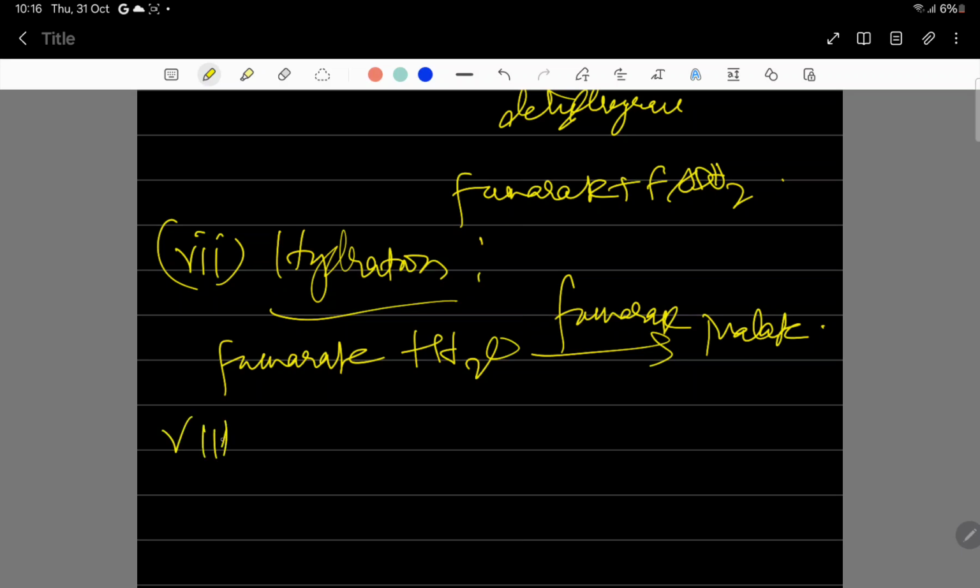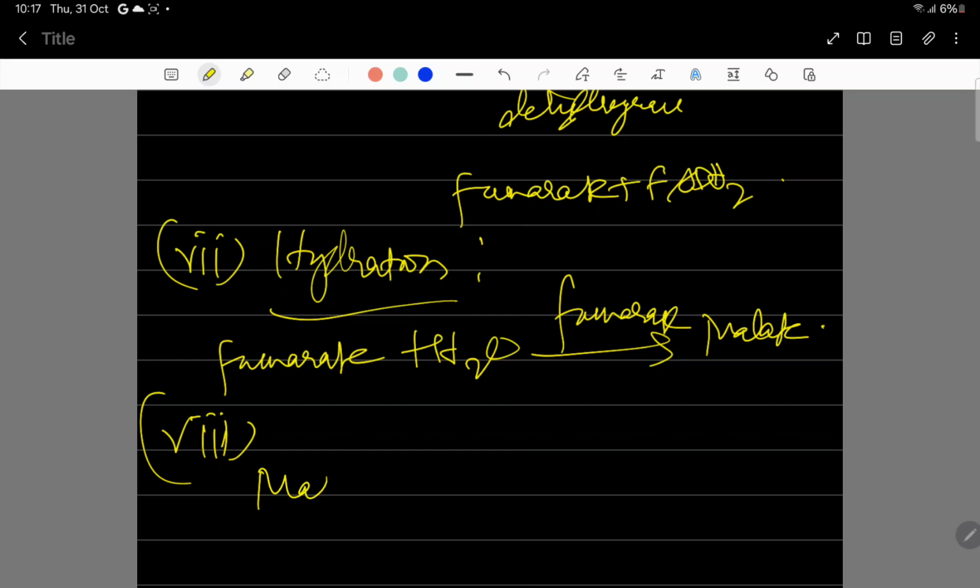Then the 8th step is the dehydrogenation. This process restores oxaloacetate by removing a pair of hydrogen atoms from malate with the help of enzyme malate dehydrogenase. The pair of hydrogen atoms pass 2 electrons and 1 H positive to NAD, forming NADH plus H positive.